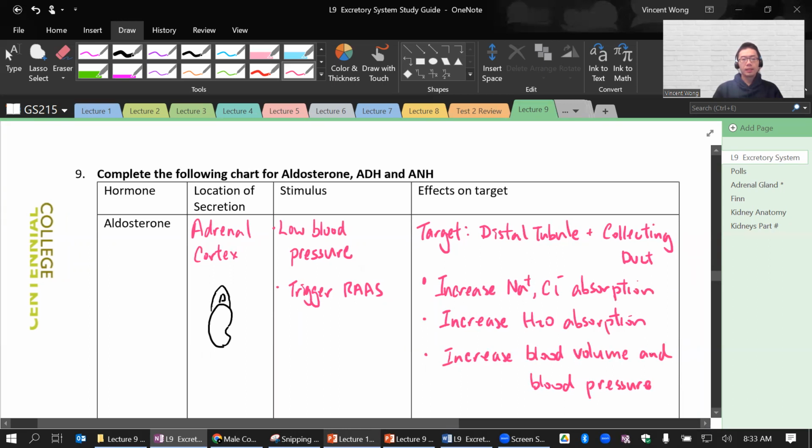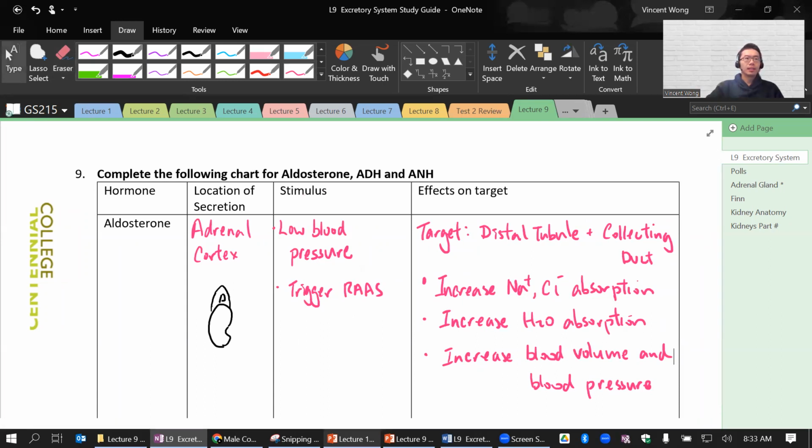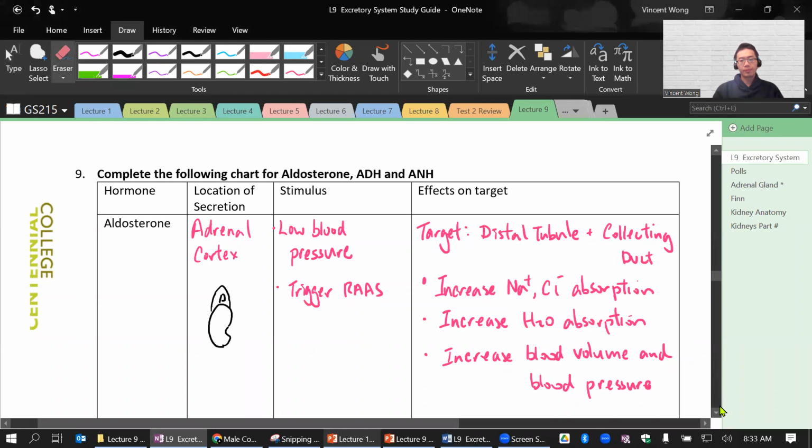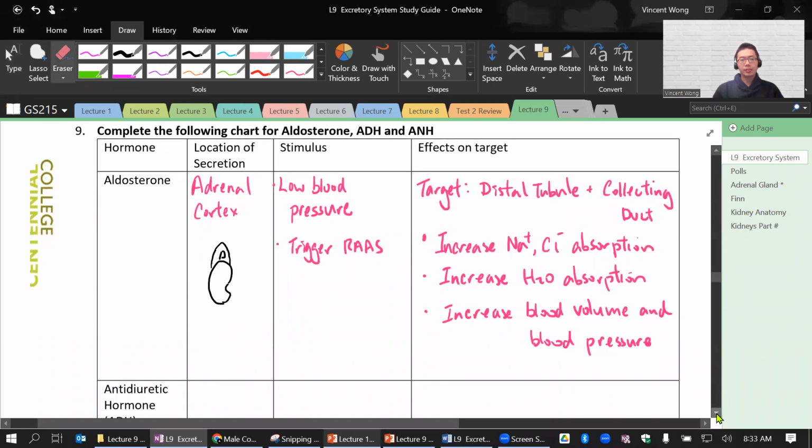Okay. So the end result is going to be opposite to the trigger in most of the cases, right? If the trigger is low blood pressure, you're going to go through all these things that would ultimately result in an increase in blood pressure. So that is aldosterone.